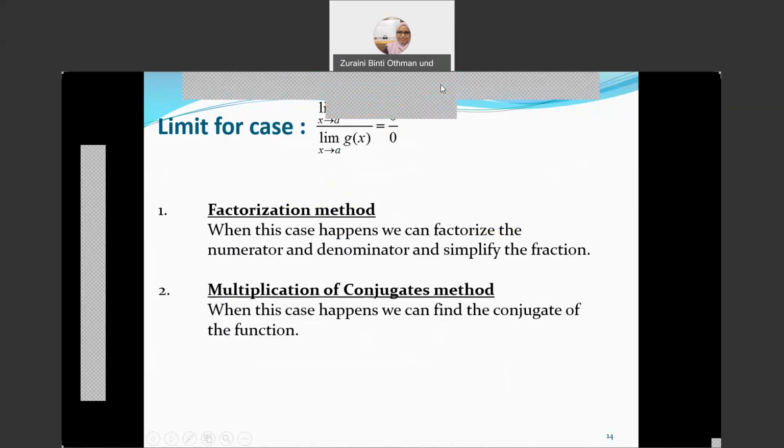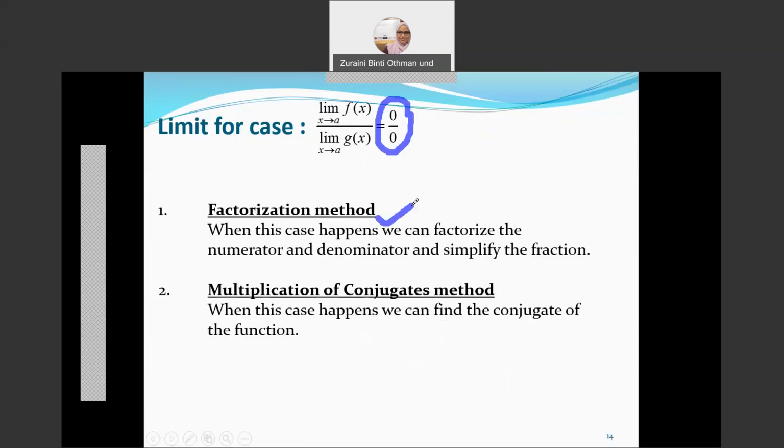Okay, by using direct substitution, we get this final answer. Maksudnya bila kita masukkan x, kita dapat 0 per 0. So bila kita dapat 0 per 0, we know that by using factorization method, when this case happens, kita boleh factorizekan.